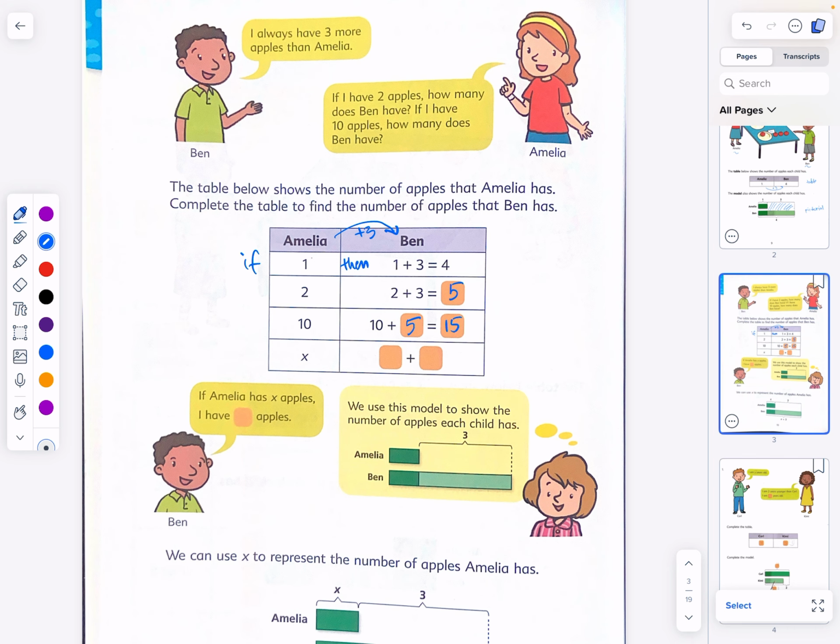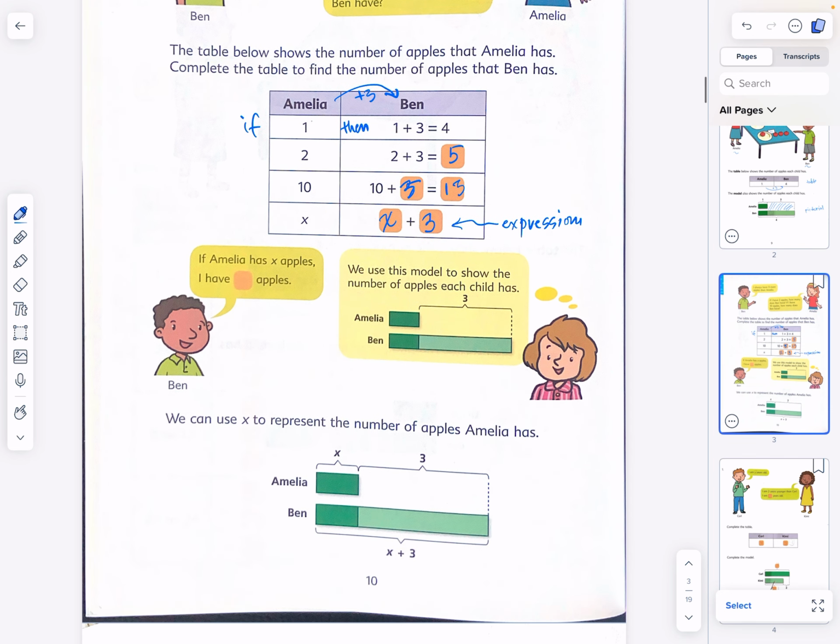If Amelia has X, Ben has X plus 3. Look at. Of course, she has 10, and he has 13. He has X plus 3 again, which is an expression. This is what we call an expression. It's not an equation. There is no equal sign. It's just a mathematical sentence, mathematical statement.